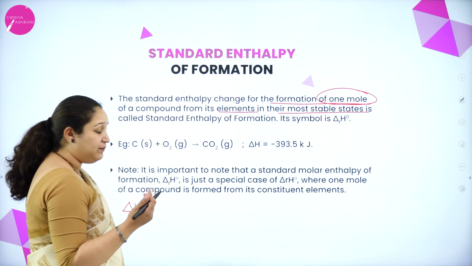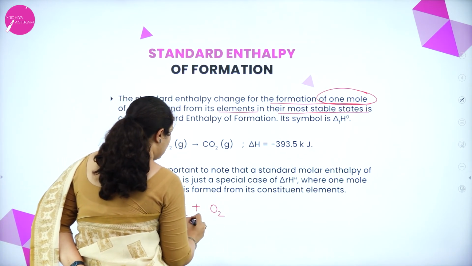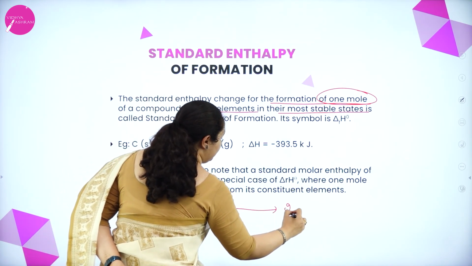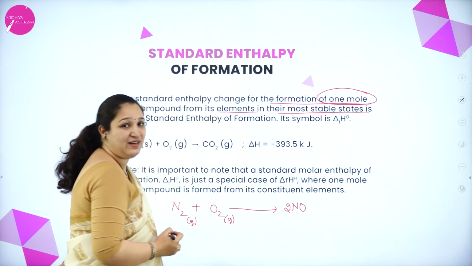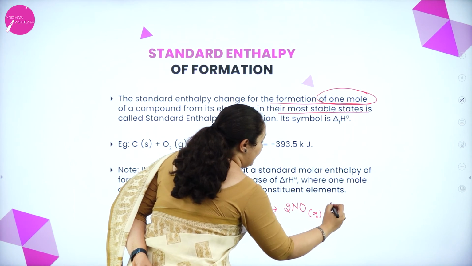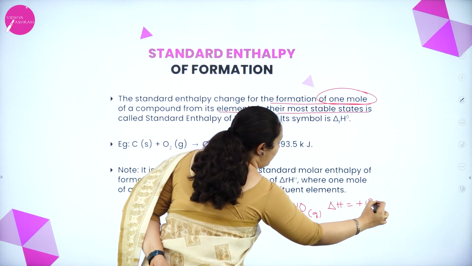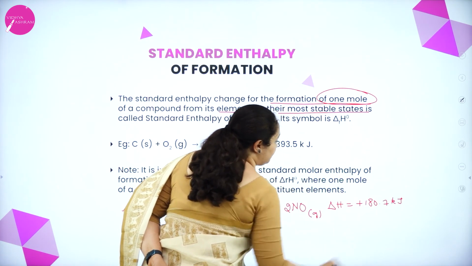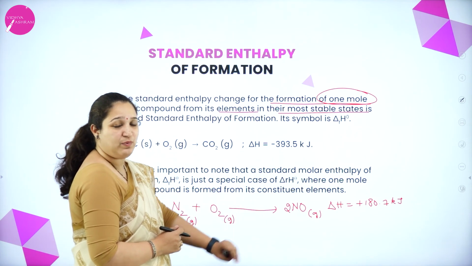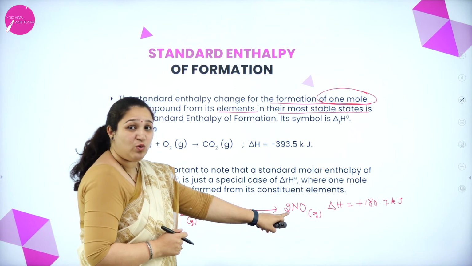Now for example, I'll take nitrogen reacting with oxygen. Nitrogen is a gas, oxygen also is a gas, which gives nitric oxide, NO. This also is a gas, and delta H is equal to plus 180.7 kilojoules. Now, this is not the standard enthalpy of formation. Why? Because this is not 1 mole which is formed.